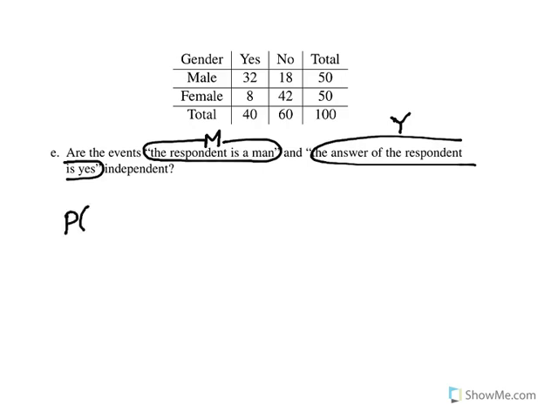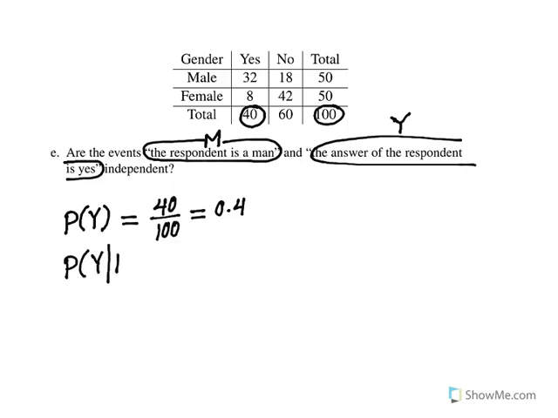What is the probability of saying yes? The probability of saying yes is 40 people out of 100. So this is 40 out of 100, which is 0.4 or 40%.